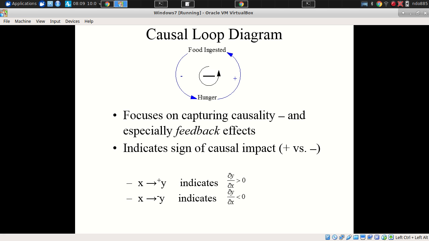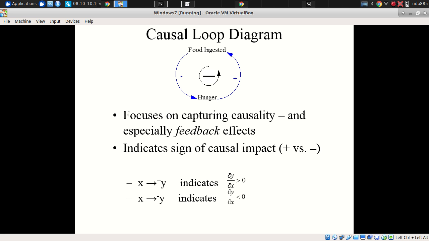If hunger decreases, it'll tend to mean that my food ingested in the next little bit will tend to decrease, all other things being equal, when compared to the value it otherwise would have had if I stayed hungry. Let me repeat that again. So with a plus there, if hunger goes up, food ingested will tend to go up, compared to the value it otherwise would have had. If hunger goes down, food ingested will tend to go down. Does that make sense?